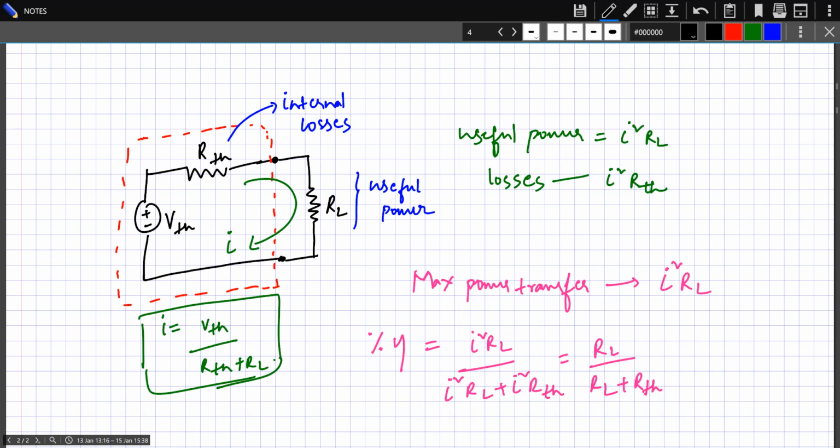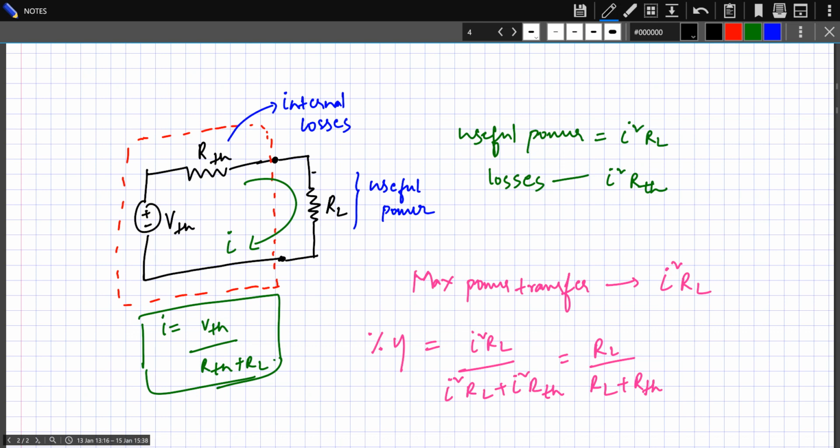The useful power which we are seeing is at the load resistance. If we consider something like an electric machine or some amplifier, the useful power is modeled as some load, and the source resistance models the losses, such as the armature resistance losses and the field resistance losses. I'm talking in consideration of electrical machines, but it can be applicable to any circuit in general.